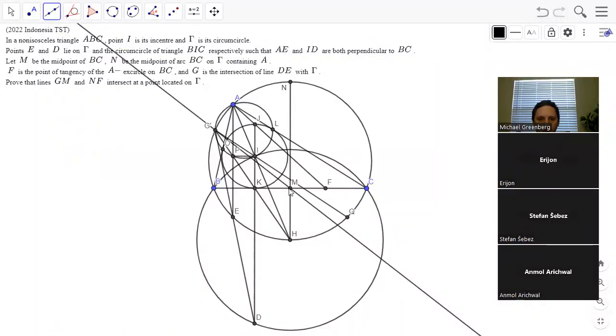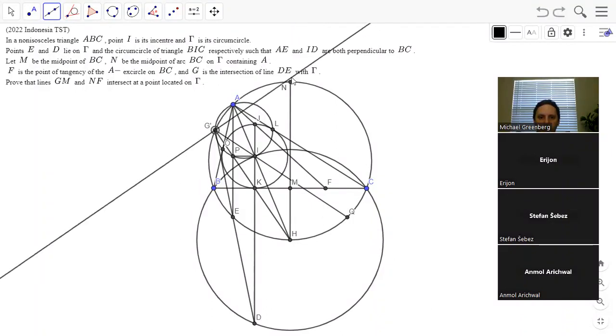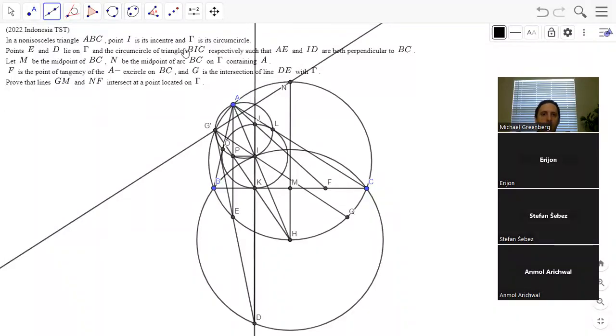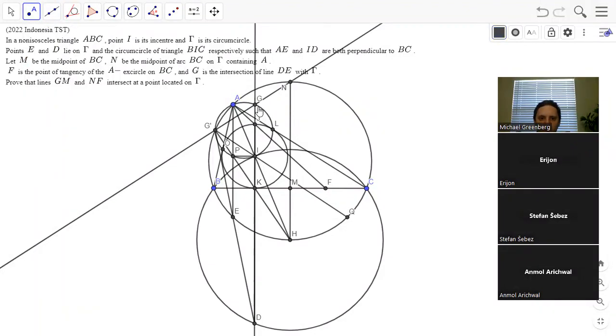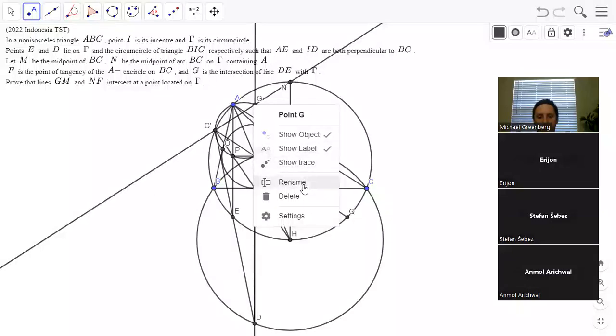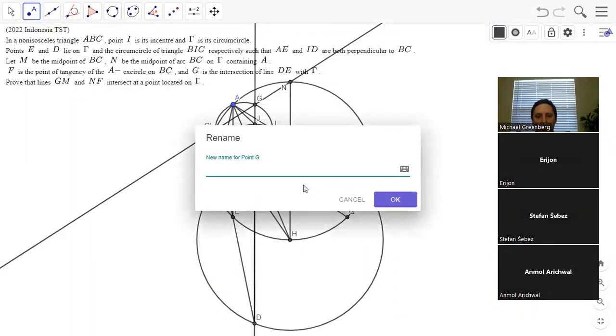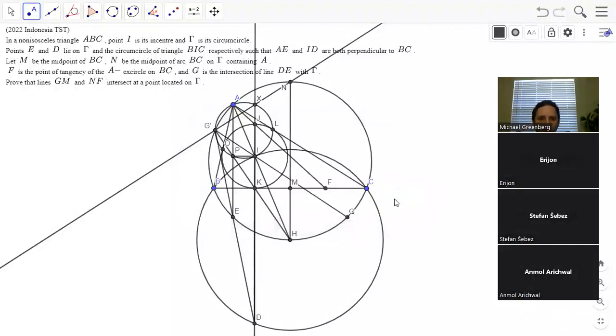G prime N. Oh, sorry, G prime N. Then we have to show just one harmonic bundle and we are done. Okay. Basically, we need to show that this is cyclic. Which one? Not sure how to prove that. Doesn't look too hard, but we need to show that DIKX is a harmonic.